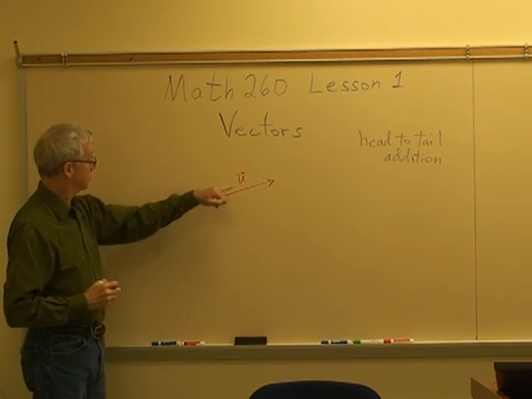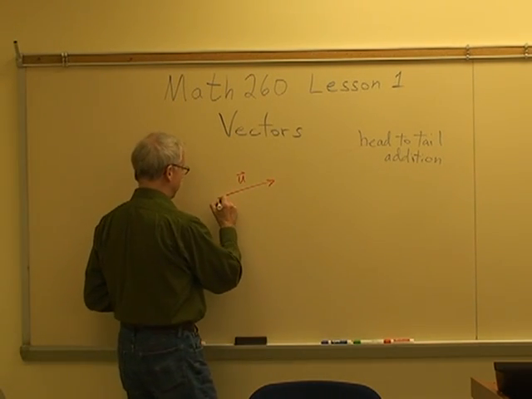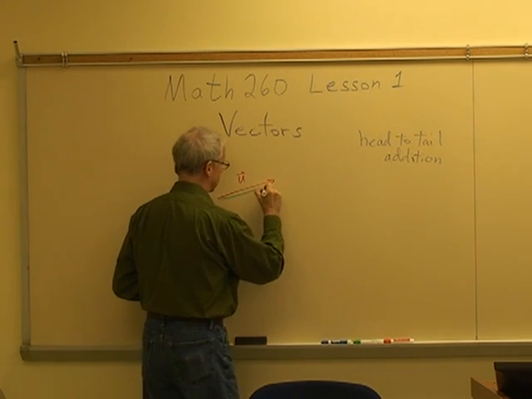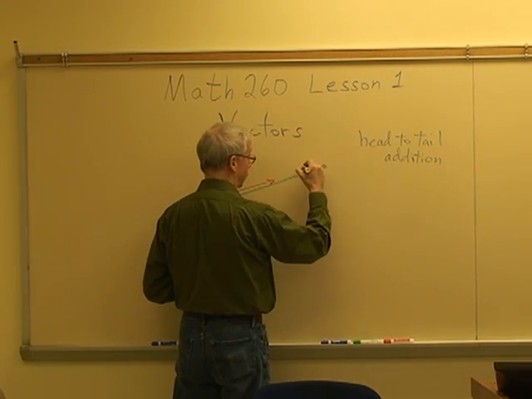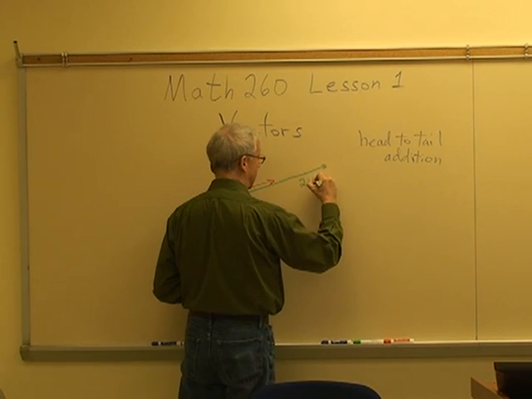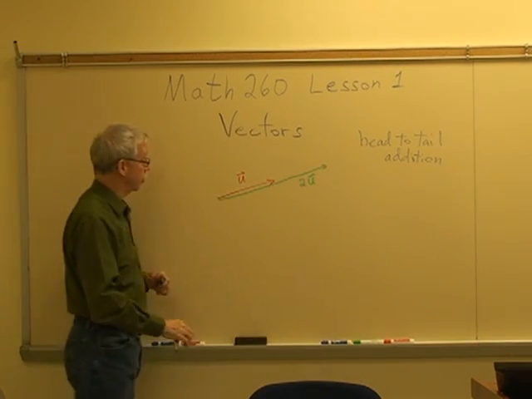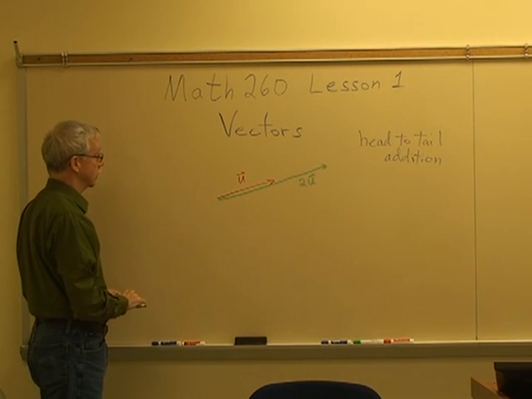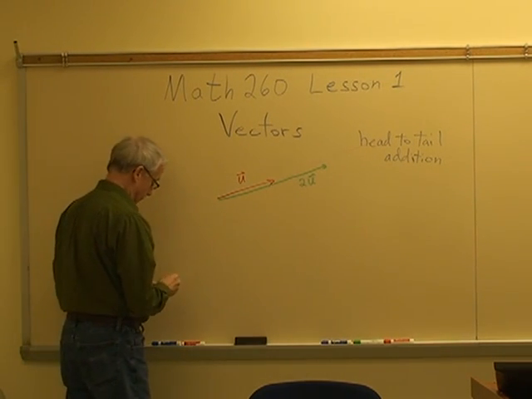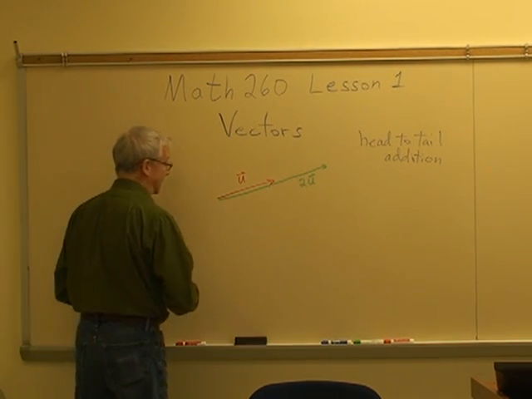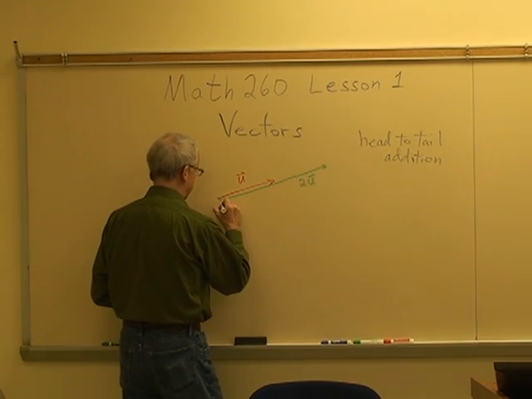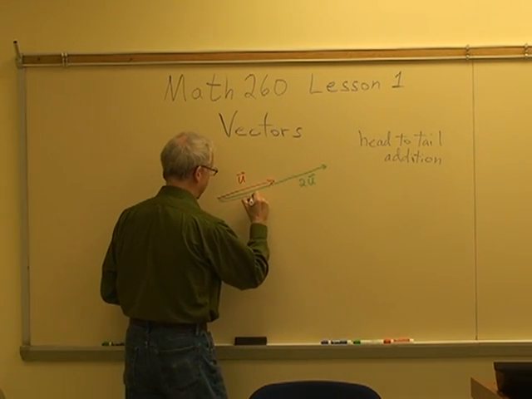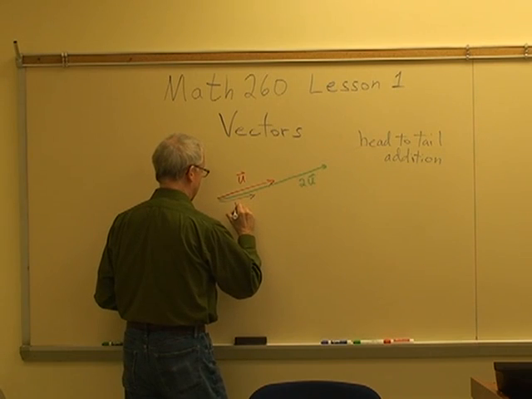Well, multiplying by a number means go in the same direction, but if I multiply by 2, I go twice as far. So that would be the vector 2u. The same direction, but twice the length. Or I could multiply by 1/2. Again, the vector would be the same direction, but half the length.